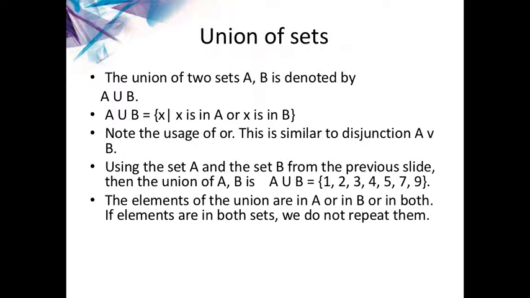The union of the sets, if we want to write it as a set builder, in the same sense, would be X such that X belongs to A or X belongs to B. And "or" here is a very important operator that will guarantee that the element is repeated only once in the set.